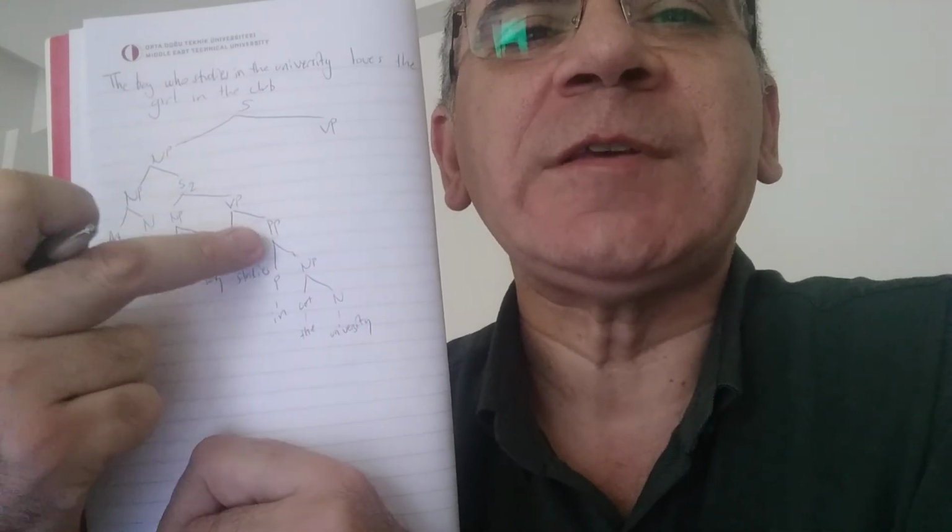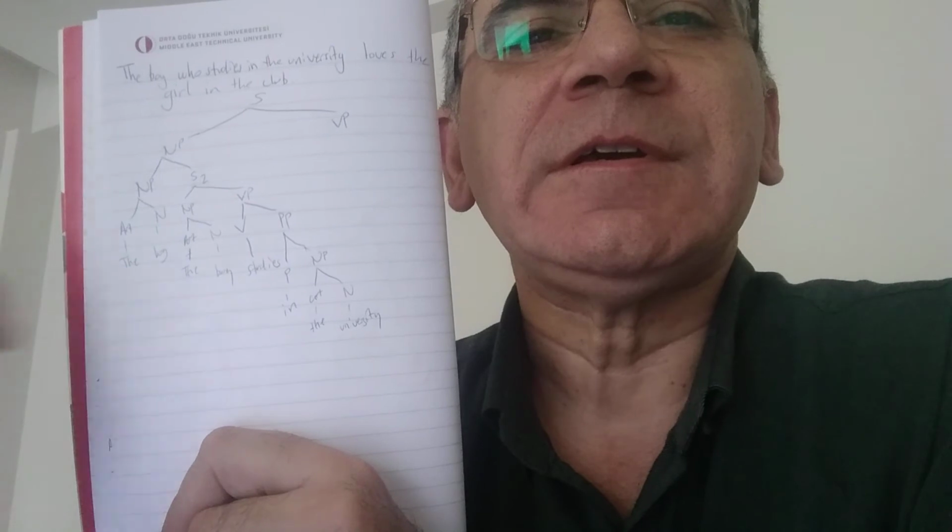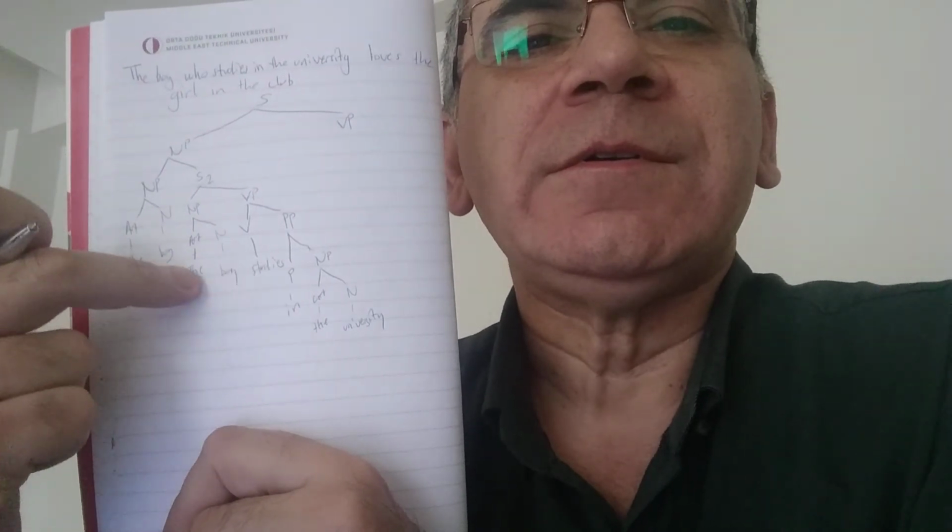Prepositional phrase, preposition in, and noun phrase, the university. So who is going to be indicated here? Who? And in the verb phrase part of the top sentence, loves the girl in the club.